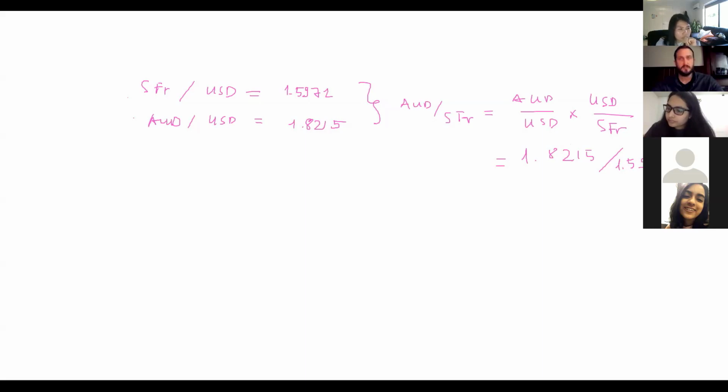I don't get the same quote. If I do this calculation here, I'm going to get 1.1405. That's correct. If I compare this to the rate that we see in the question, are they the same? Not quite. This is a bit lower than the other rate.